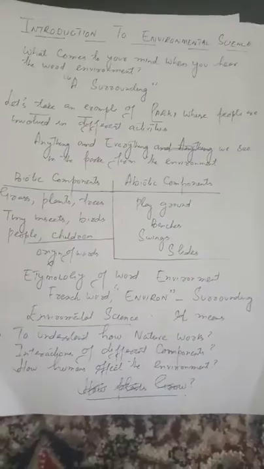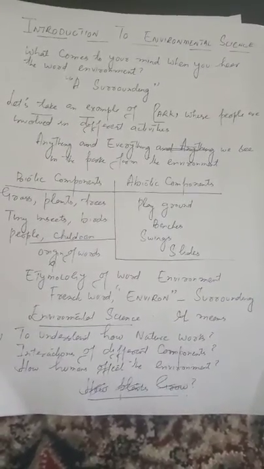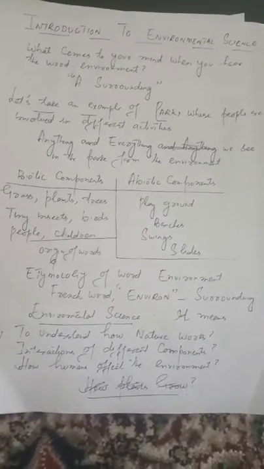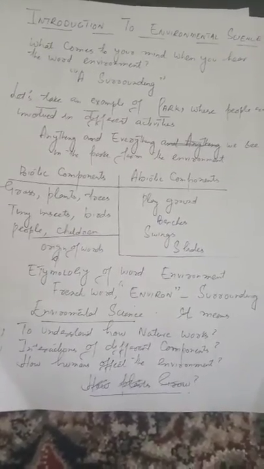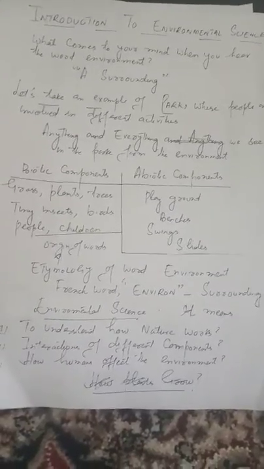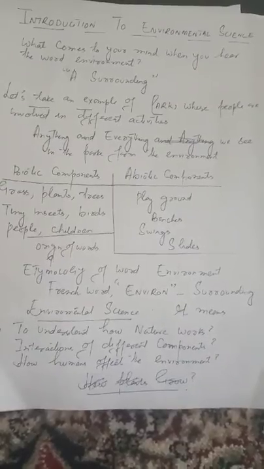Surrounding is the place where you are staying or standing and the things that you see around in your immediate vicinity makes your environment. For example, this time we are staying in the room.